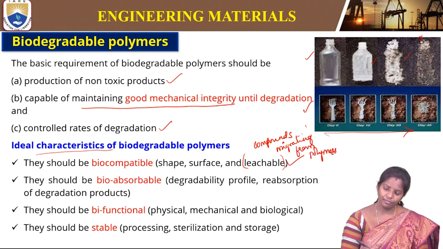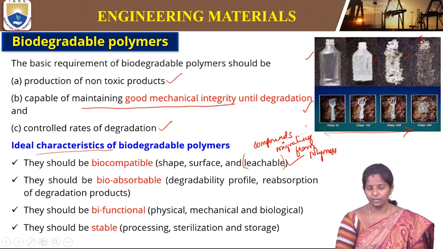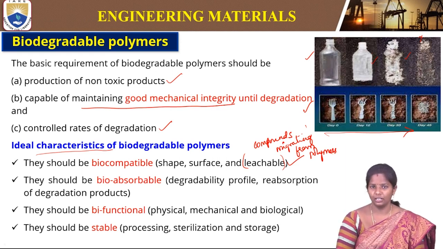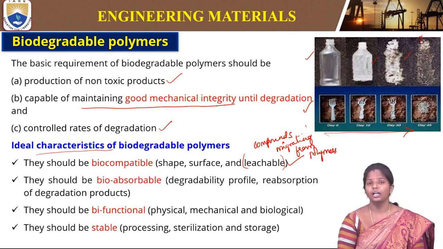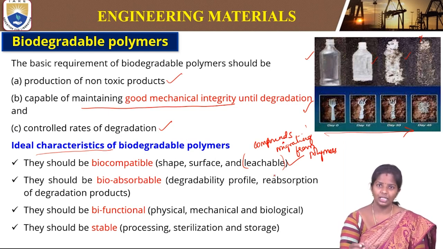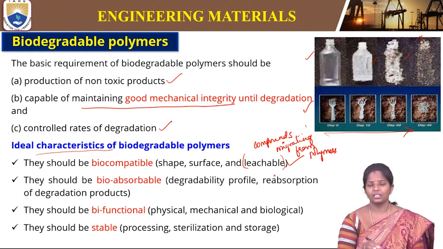So, for example, we are using biodegradable polymers for packing food material. Whenever some compounds migrate from that polymer into the food, they should be biocompatible. It means it should not be toxic to the person taking in that food material. That is what we call leachability: leaching some compounds out from the polymer into the food matrix or the other material covered with this polymer.